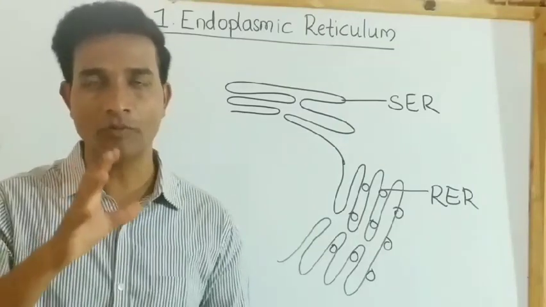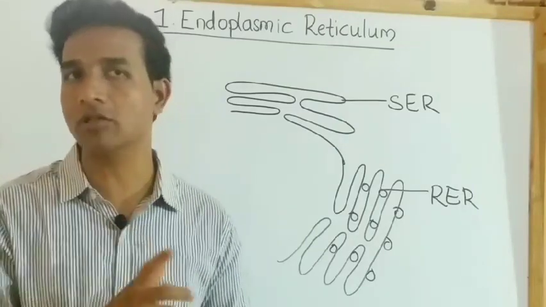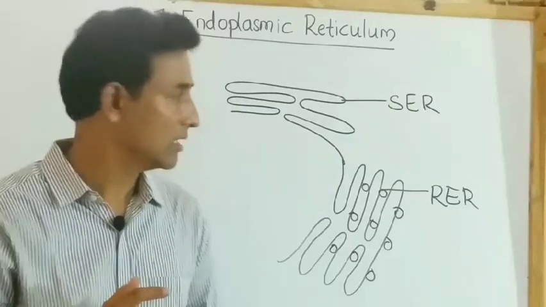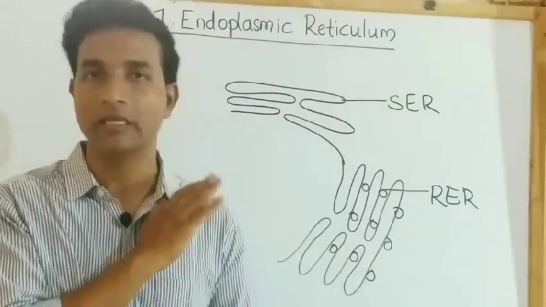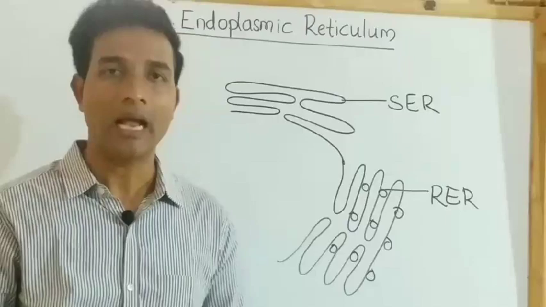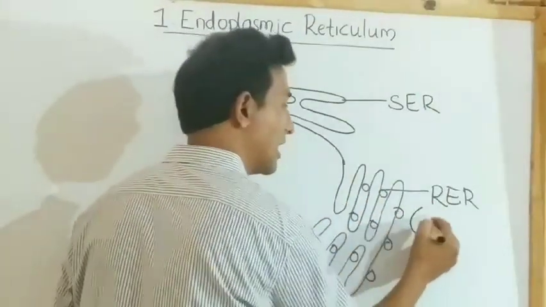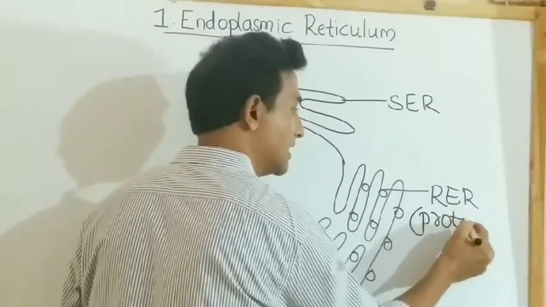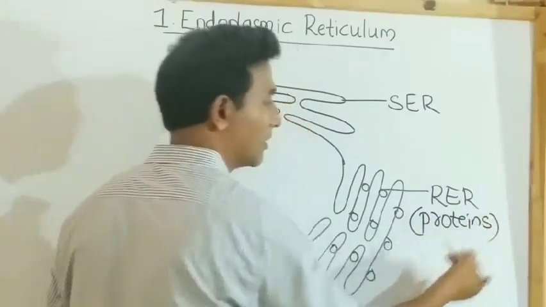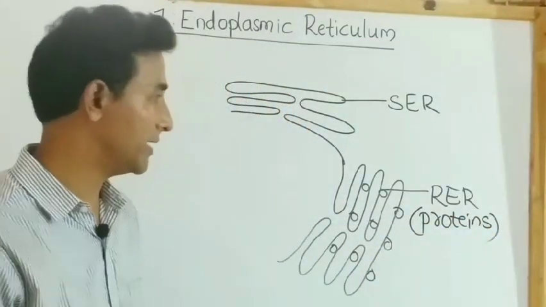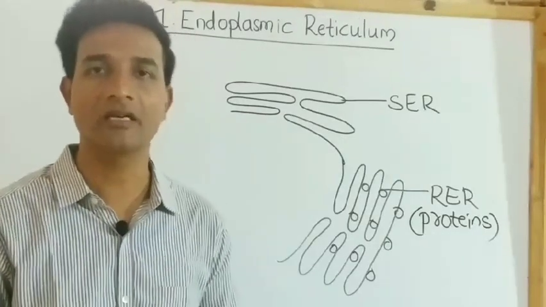So rough endoplasmic reticulum looks rough because of the presence of ribosomes, and in the smooth endoplasmic reticulum there are no ribosomes. And whenever ribosomes are present, this rough endoplasmic reticulum helps in synthesis of proteins. So proteins are prepared in the rough endoplasmic reticulum.